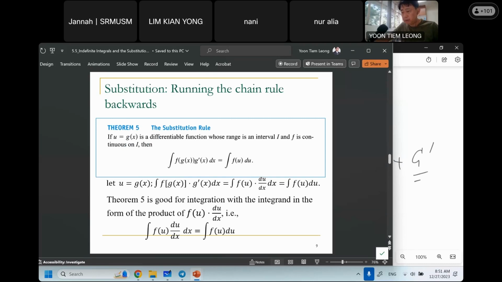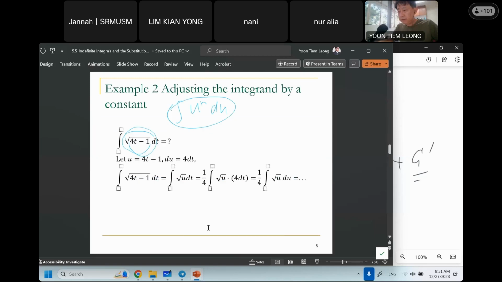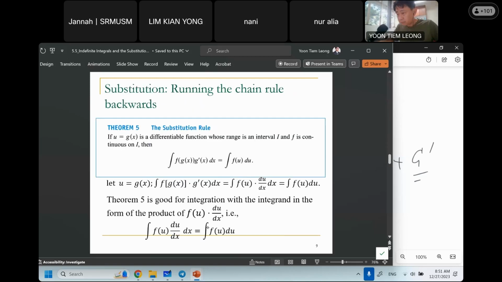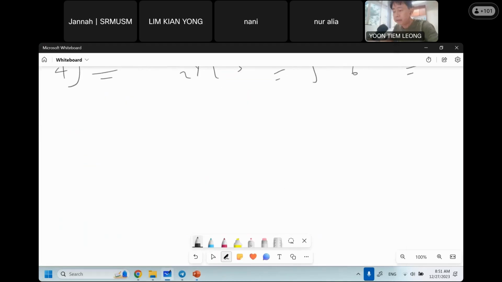Okay, then the next formula we are going to learn is the substitution rule, which is very similar basically to the tricks that we just explained. So the idea here is this: if you see any integrations in a form like this, you imagine that you have a function of a function g of t.